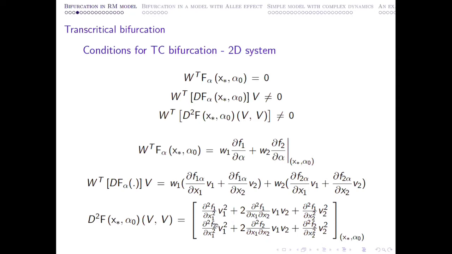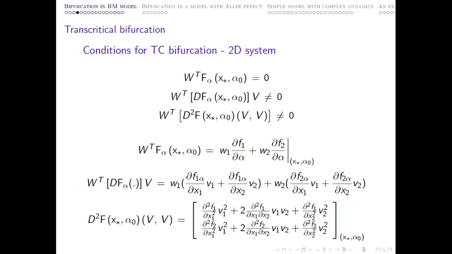If you look at this expression, you clearly understand these two are nothing but the terms involved in the Taylor series expansion of the second-order term, and the variables are now replaced by components of this eigenvector capital V. So you can see this is a two-component column matrix, and our required quantity is W transpose this one. If you consider its product with W transpose from the left, you will have a scalar quantity, and you need to verify this is not equal to 0.